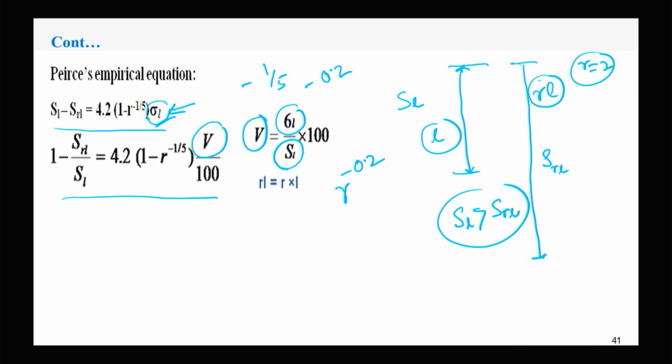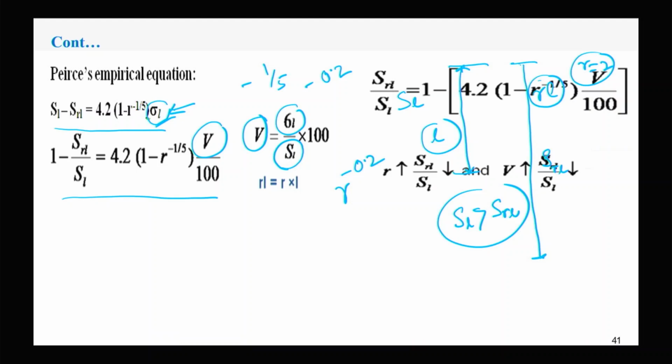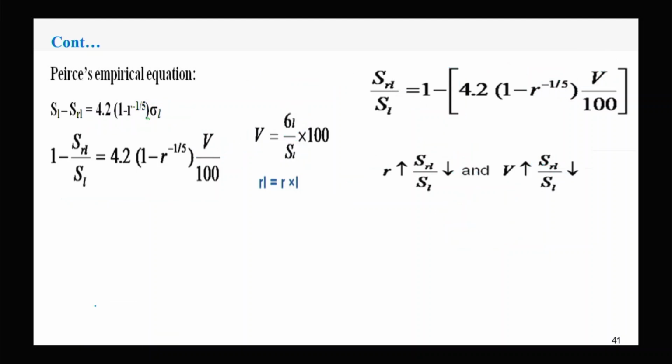And this relationship we will be using to measure the strength at any gauge length. If we change the length, then we can calculate the change in strength. From this relationship, we have rearranged the equation.